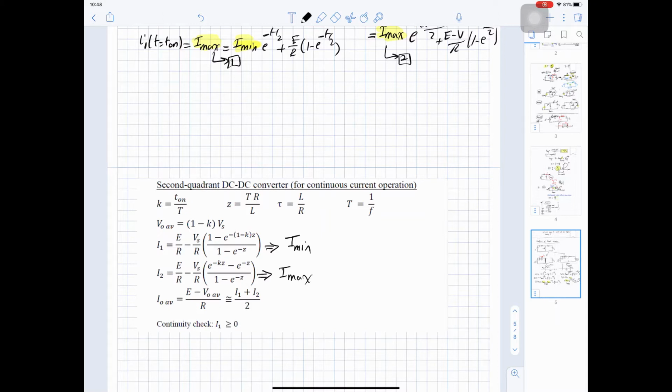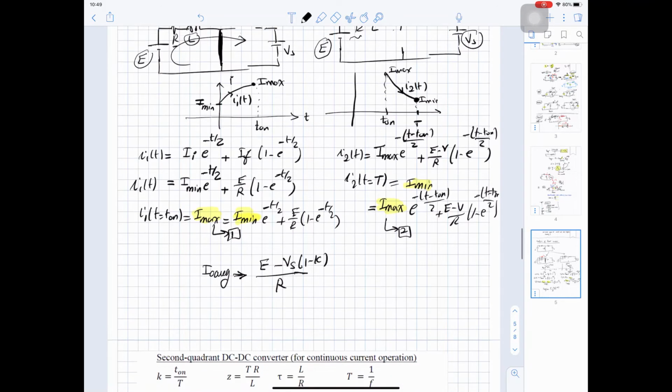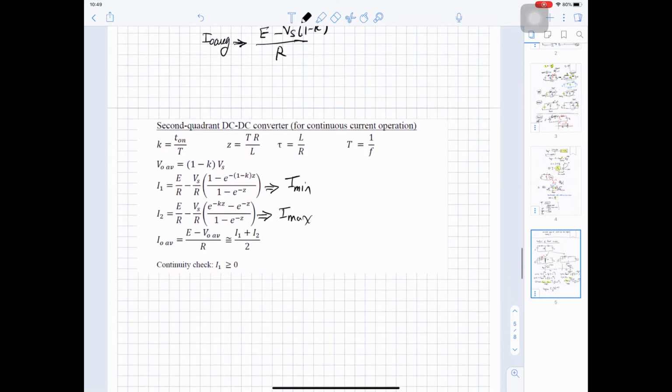And as you can see that I out average, according to KVL, so don't forget the direction of I out as we mentioned here. So I out average will be E minus Vs K, minus Vs (1 - K) divided by R, and this will be our average equation.